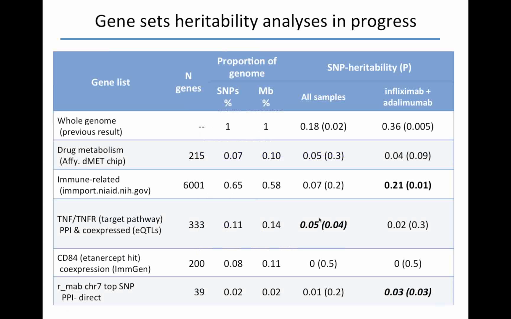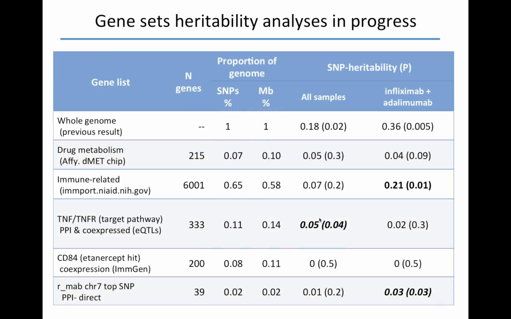And this is the TNF, the target of these drugs, expanded by direct connections in the InWeb protein-protein interaction database, and then further expanded by selecting genes that have a high correlation in the co-expressed networks from that Netherlands website, leading to 333 genes in that gene set.